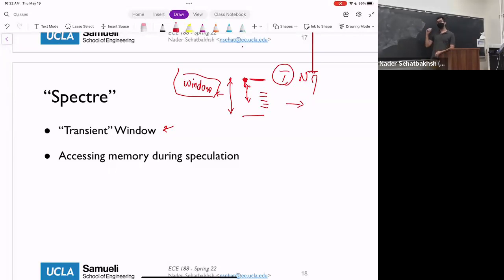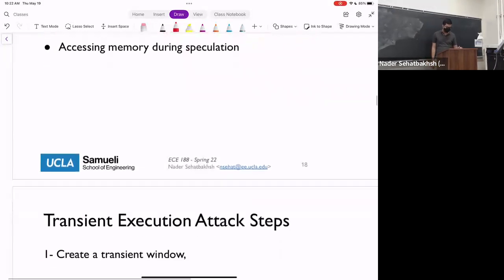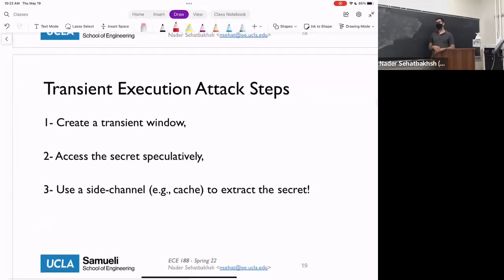Checking whether this address belongs to this memory, or whether we can translate it, only happens when we retire the instruction, because that's when it actually matters. So during speculation we just send requests to the main memory or the cache and get the results back. The checks only happen when we retire the instructions, and that's basically the recipe for transient execution attacks.